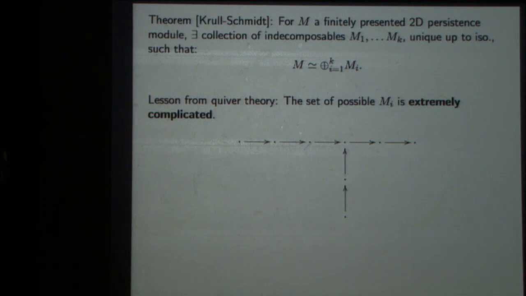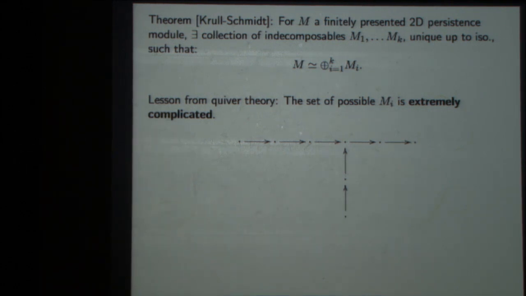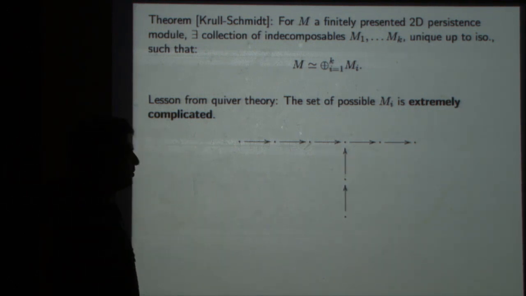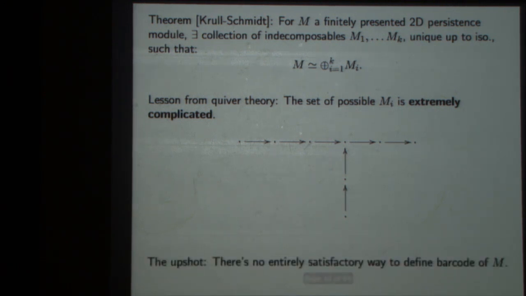For example, it's known that the set of possible isomorphism classes of diagrams of vector spaces of this shape can be quite nasty. And it turns out you can use this fact to check that the set of possible isomorphism classes of indecomposable persistence modules in 2D is at least as nasty.